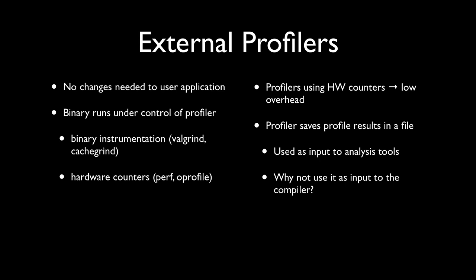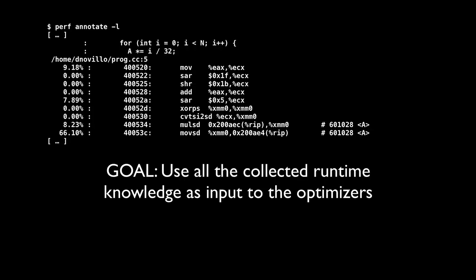And it tells you, the external profiler will tell you what the program is doing, what are the expensive parts, what percentage of the time is spent where. So the idea is, why not use this external profile data as input to the compiler, the ultimate analysis machine? So here's an example.